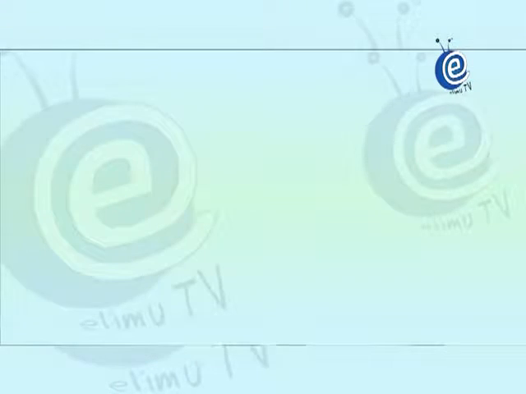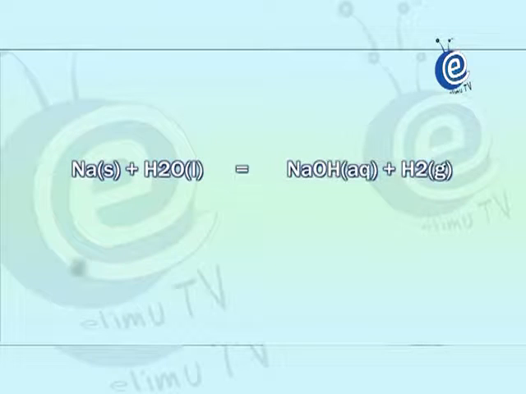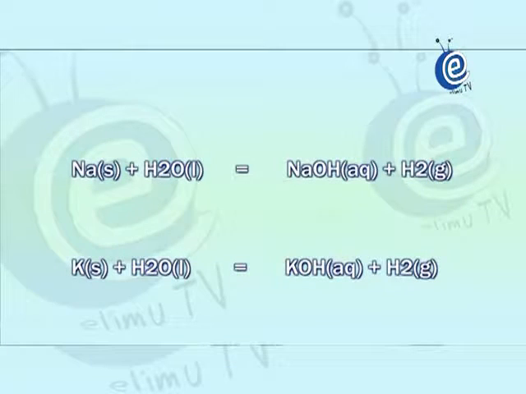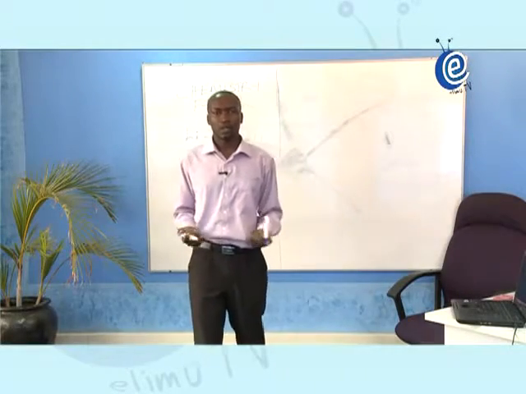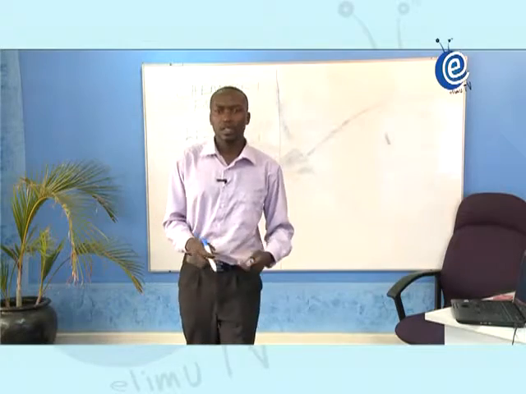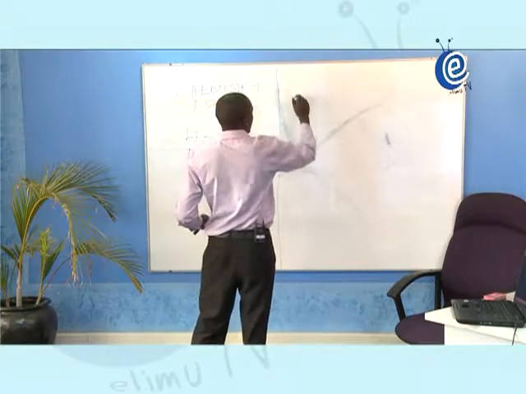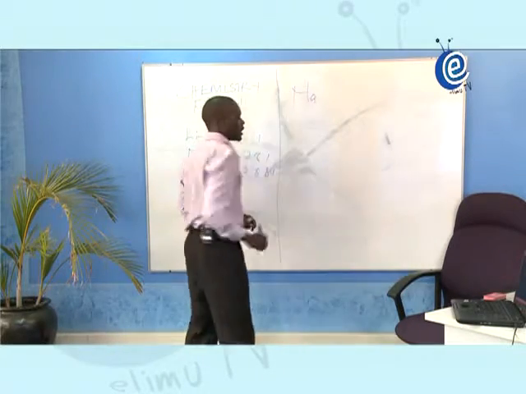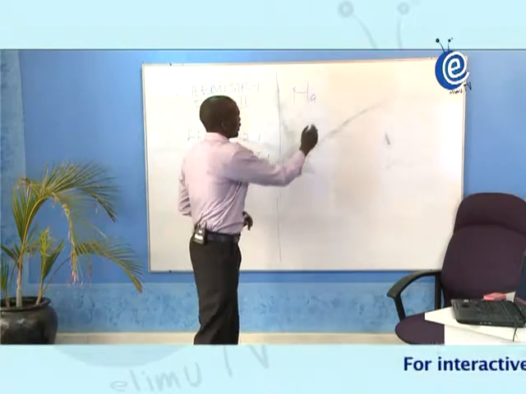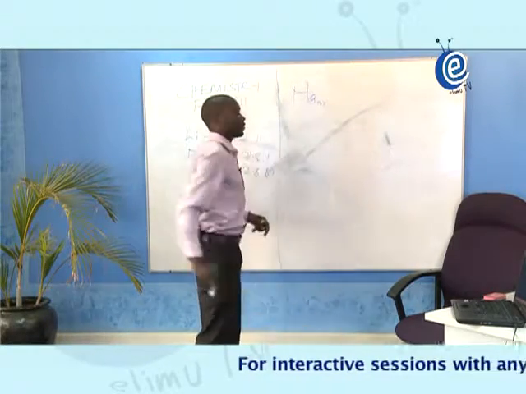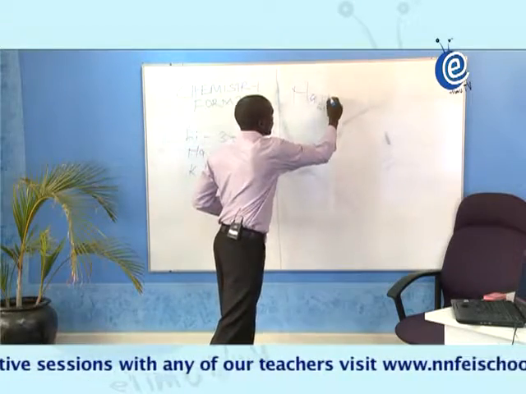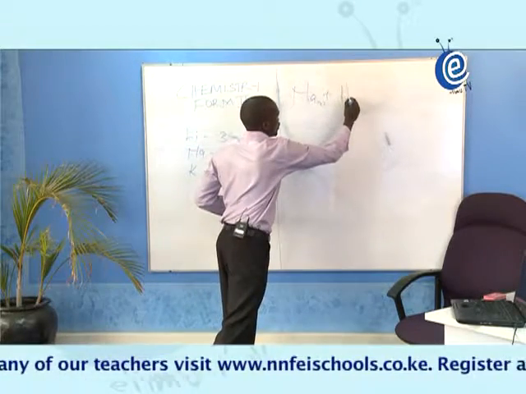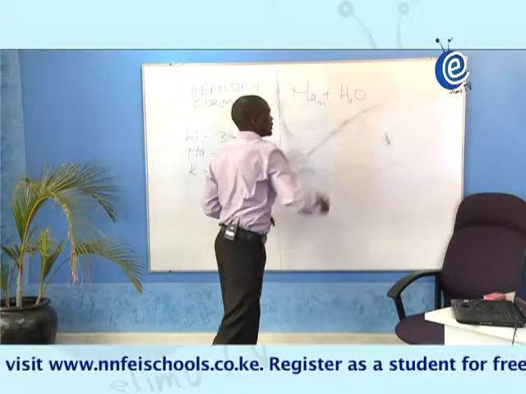That is an equation showing the reaction between sodium and water. So when sodium reacts with water, it forms sodium hydroxide plus hydrogen gas. Chemical symbol of sodium is Na, and it's a solid. If you add water to this, the chemical symbol for water is H2O. You already know that, okay?